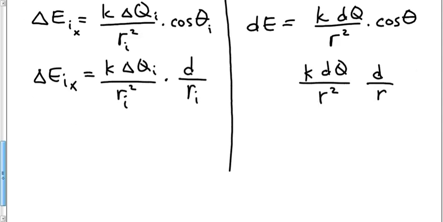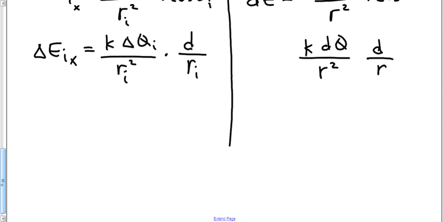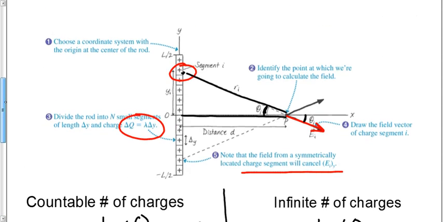Okay, so what are we going to do next? Well, I think what I'm going to do is replace the r with what it's equivalent to. Notice r is the actual distance that that little piece of charge is to the point where we want to find the field. And it's a hypotenuse of a right triangle where we have one side that's y, the distance that little segment is from the center of the line, and then here's d again.